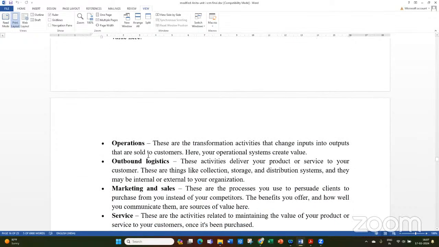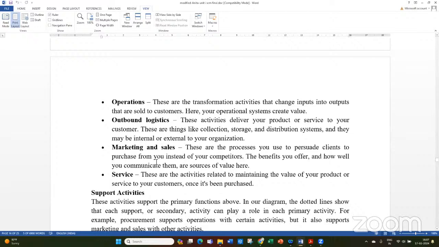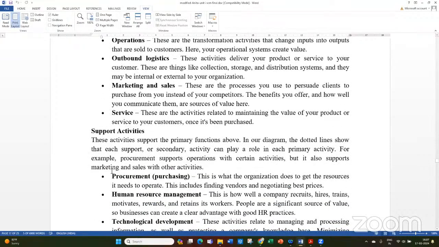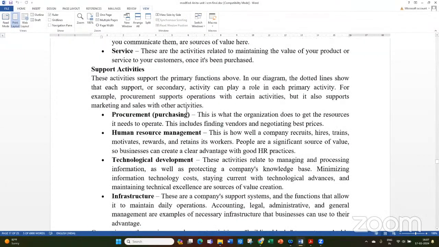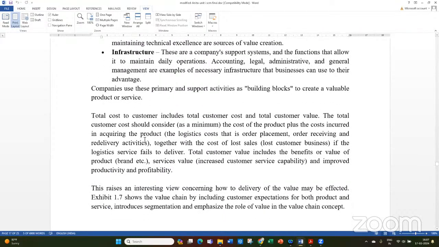Operations. So this diagram is about to customer input for the cost.